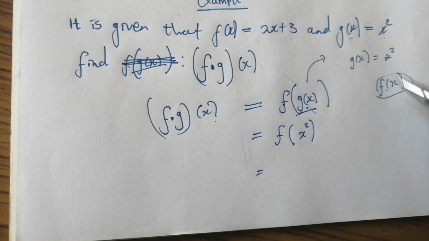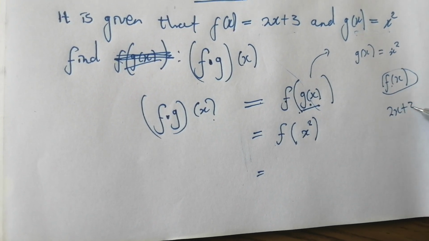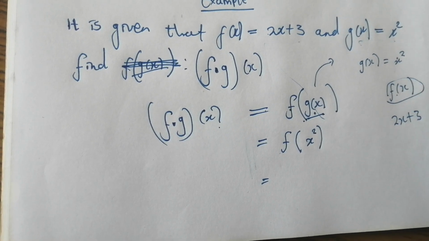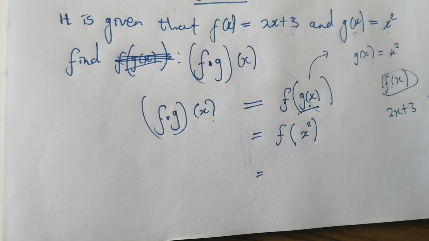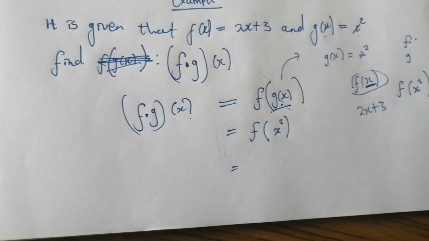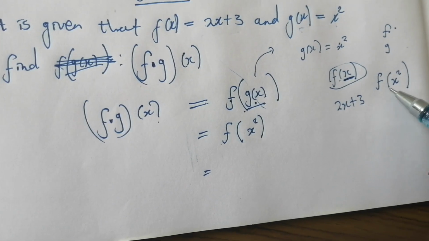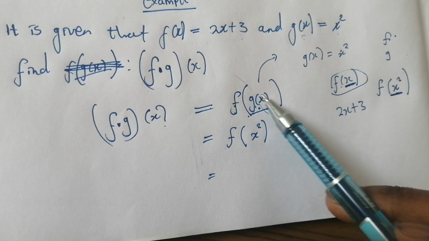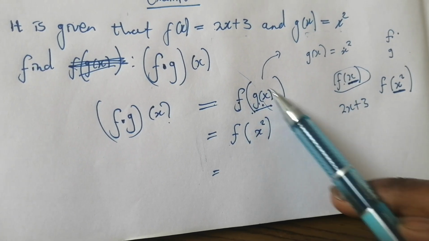It's 2x plus 3. Fg of x means where there is x, we are putting g of x.